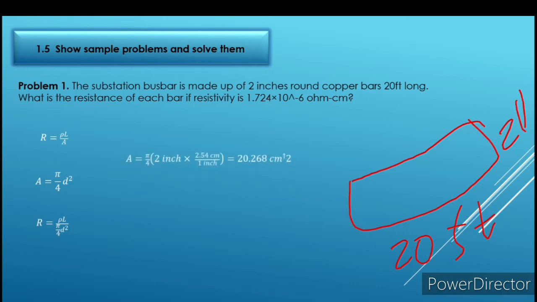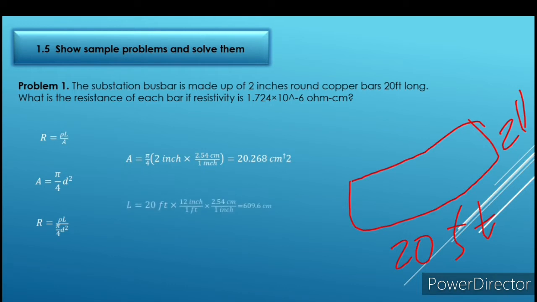Since the given diameter is in inches, we will convert that into centimeters. So A is equal to pi over 4 quantity 2 inch times 2.54 centimeter over 1 inch squared, which is equal to 20.268 centimeters squared. And next, let's find the value for the length.